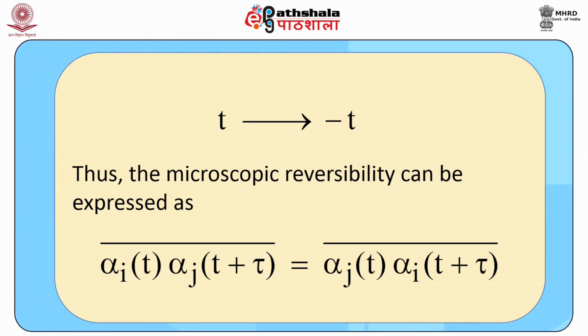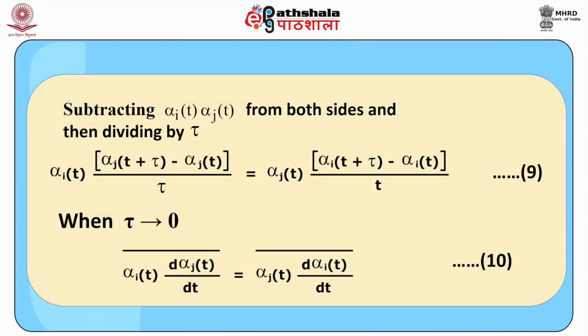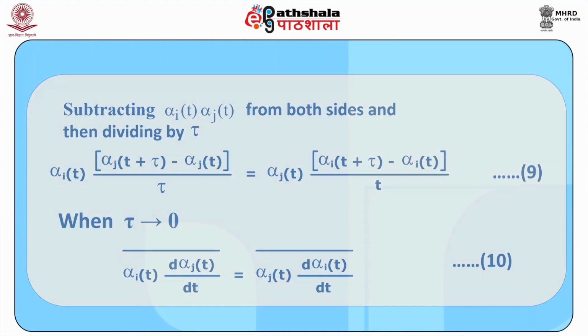Thus, the microscopic reversibility can be expressed as an equation. Subtracting alpha i(t) into alpha j(t) from both sides and then dividing by tau, we have equation 9. When tau tends to 0, we get equation 10.